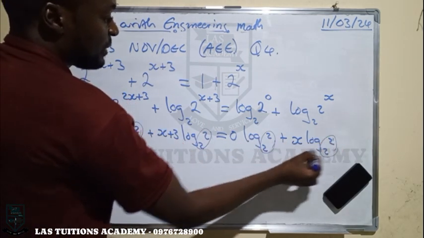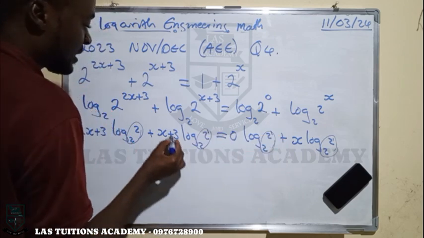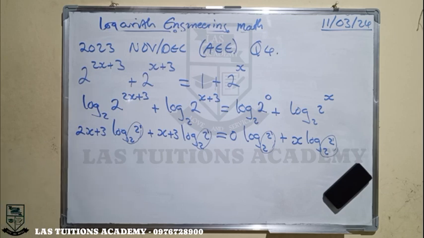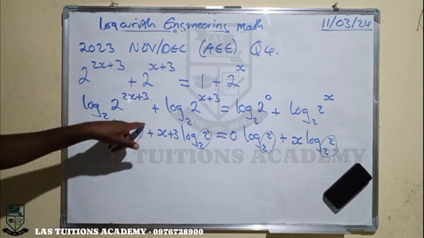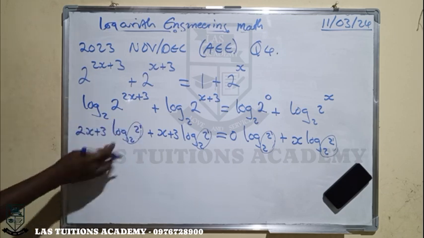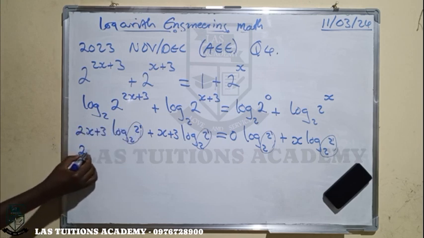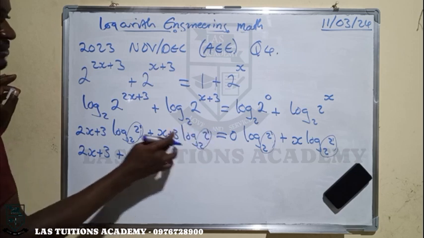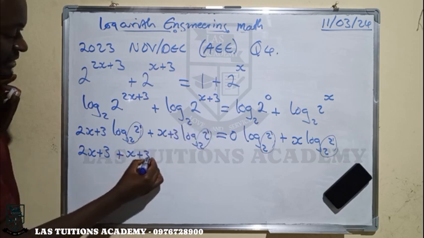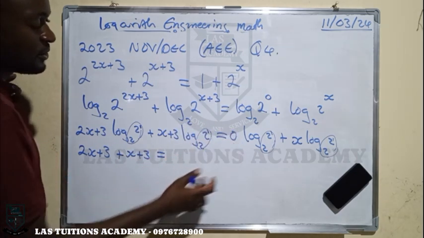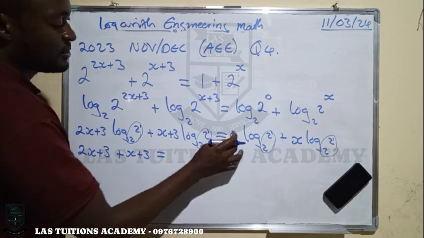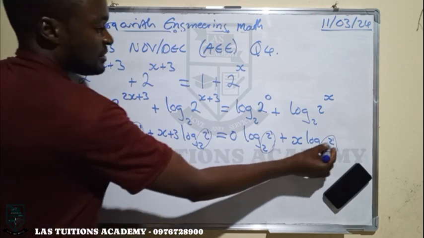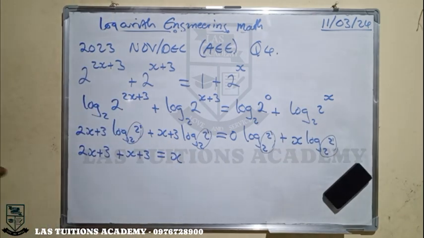Because the power is 1, each of these gives us 1. Remember, when these two are the same, you pick the power, and the power is just 1. So we get 2x plus 3 plus x plus 3 is equal to 0, plus x.